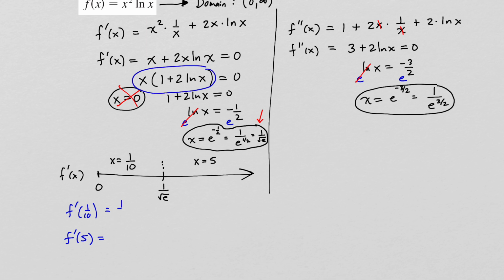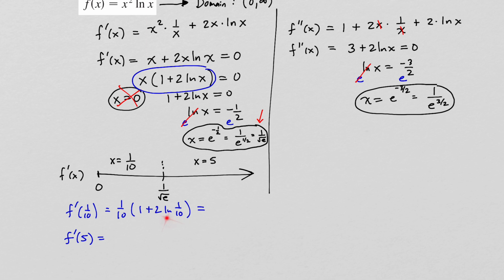When I plug in 1/10, I get 1/10 times 1 plus 2 times the natural log of 1/10. And all I care about is whether this is positive or negative. And this is not an obvious thing here. Okay, so in some instances like this, it's going to be really convenient to use a calculator.